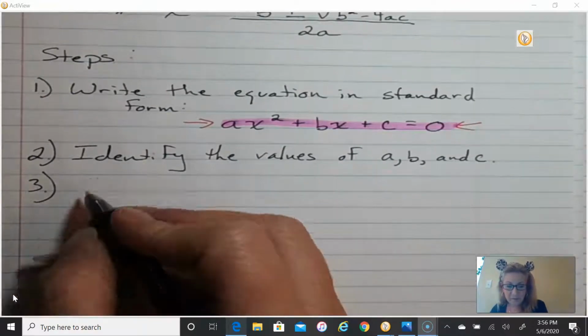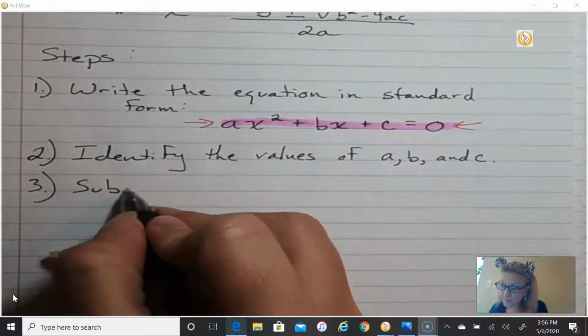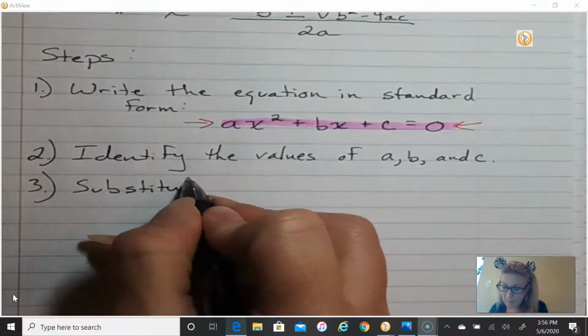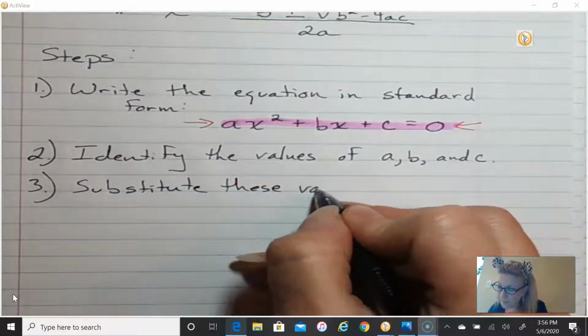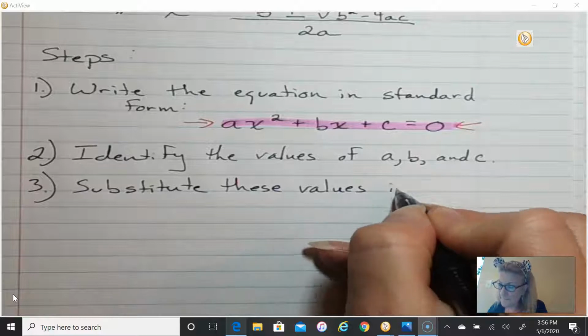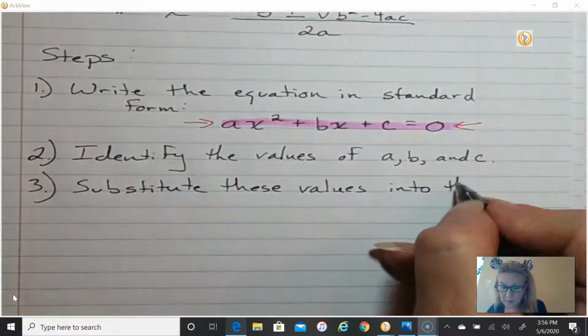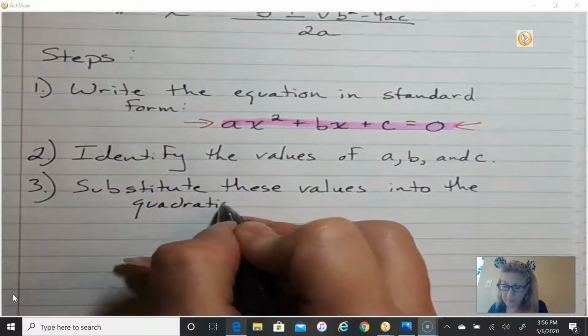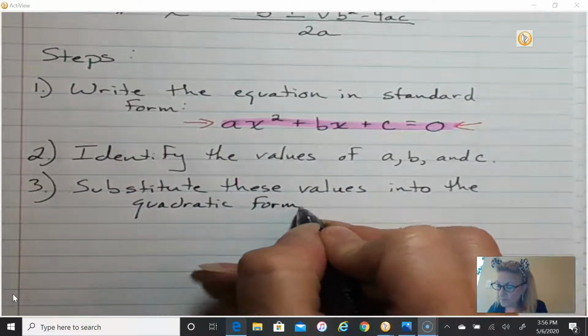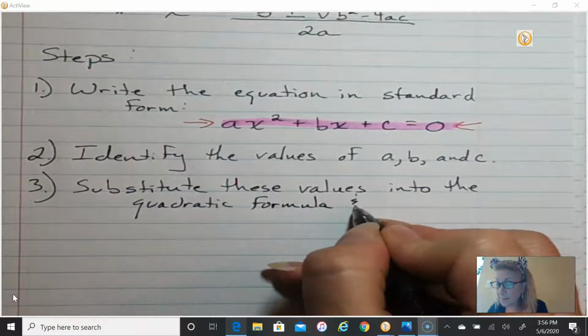Step 3, substitute these values into the quadratic formula and simplify.